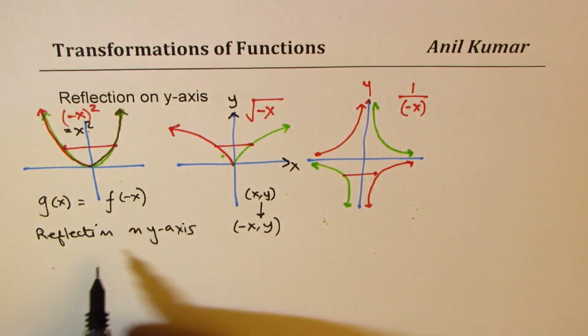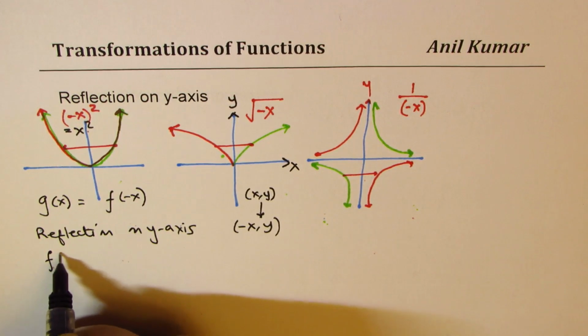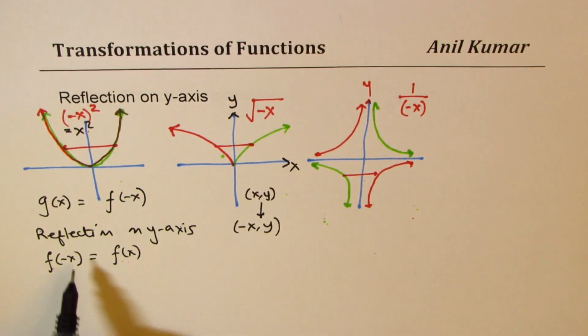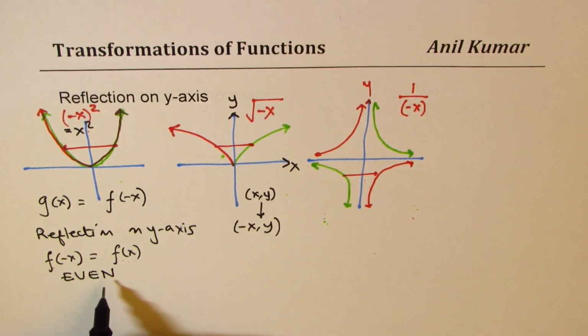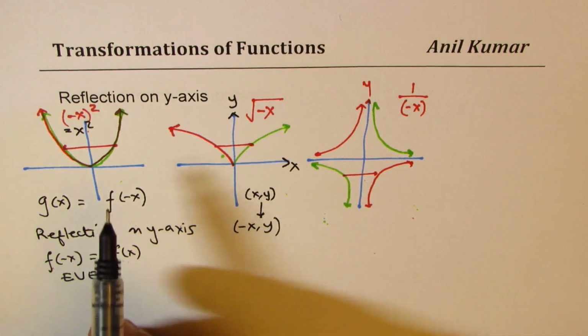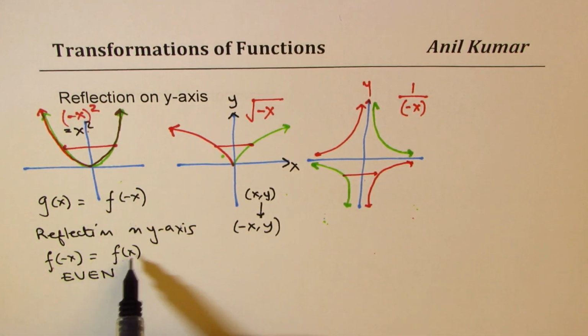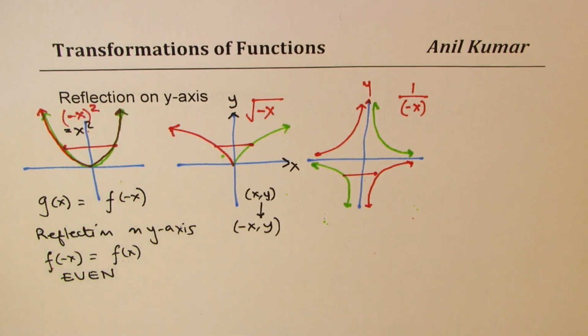Now in this particular case, what we notice is that f of minus x is equal to f of x. We say the function is even. Now that is a very interesting property. If f of minus x is the same as f of x, as we have seen just now, we say that the function is even. So that's another thing to remember.